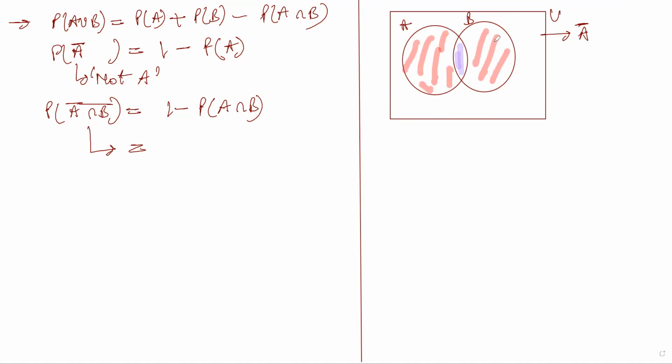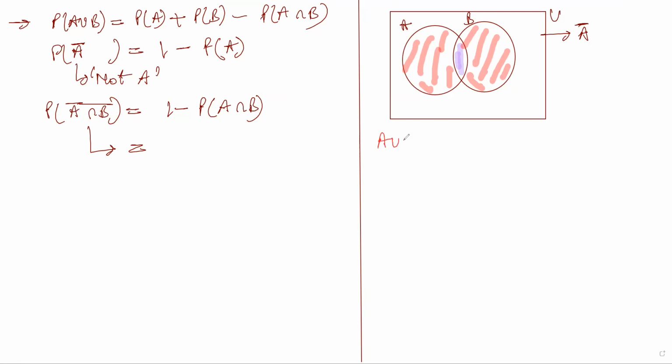So this plus this blue portion as well. This is A union B. A union B is either A or B. So any portion which is either in A or in B or in both will be considered in A union B. Right. So let's derive this formula.